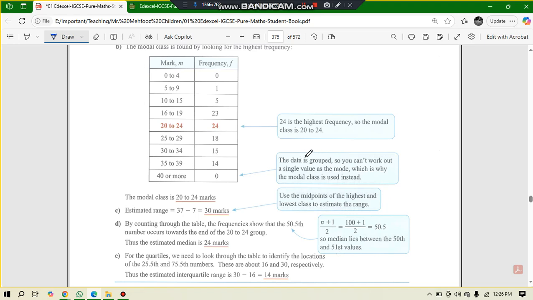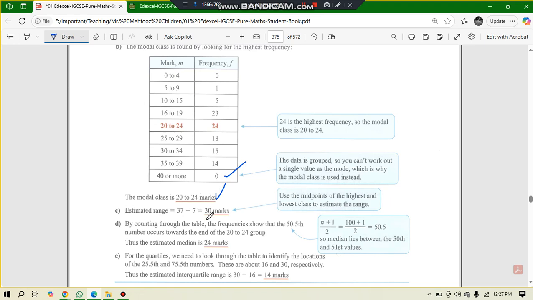Next, the data is grouped, so you can't work out a single value for the mode, which is why the modal class is used instead. Now the modal class is 20 to 24. So what is the estimated range?